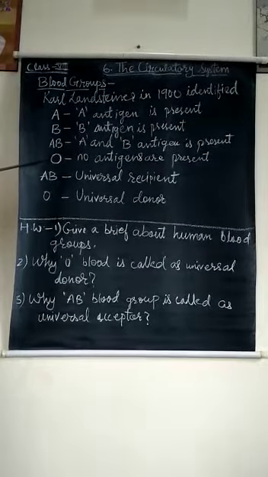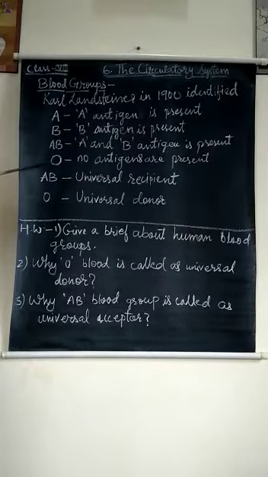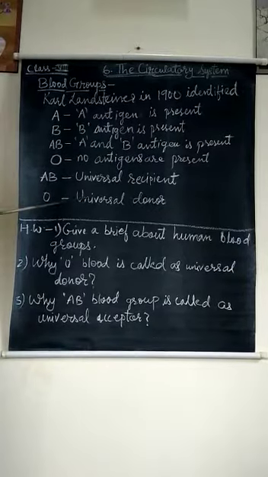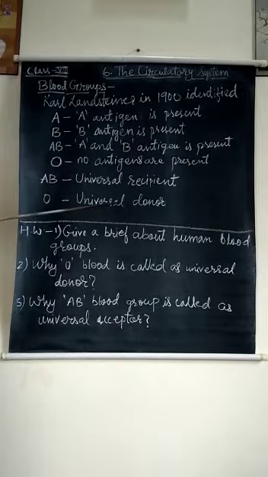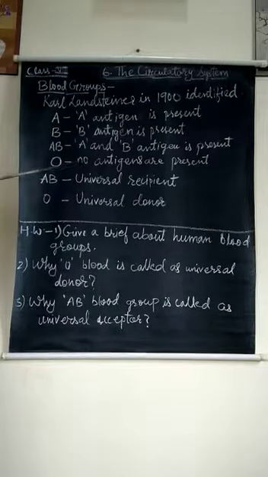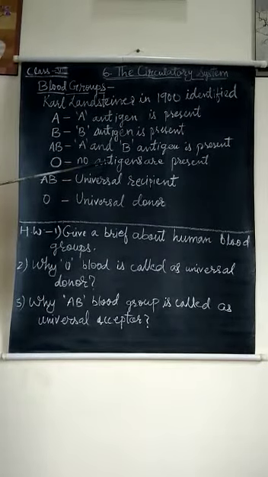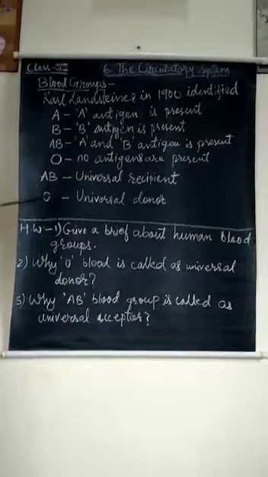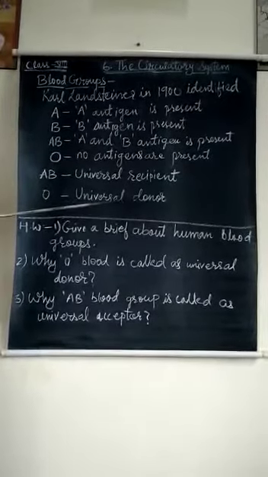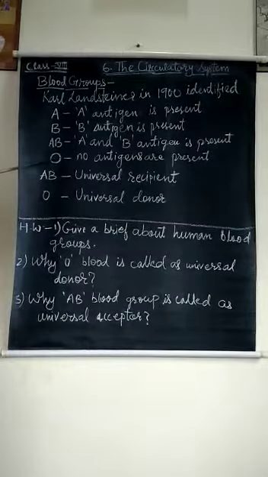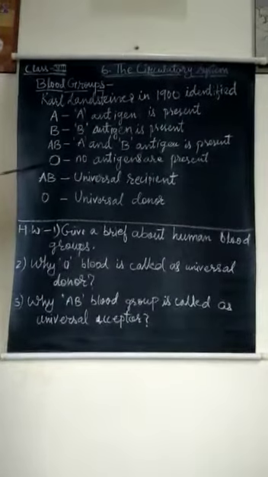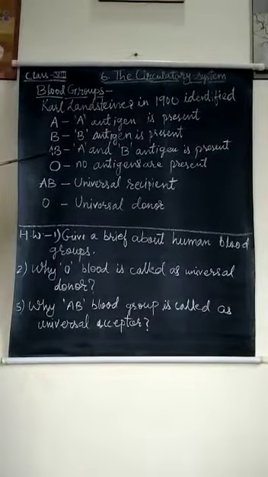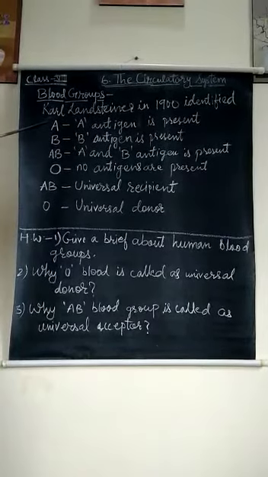Hence, a person with blood group O is called as universal donor, because blood group O has no antigens. So, it is considered as universal donor. It means blood group O can be given to AB also, B also and A also.